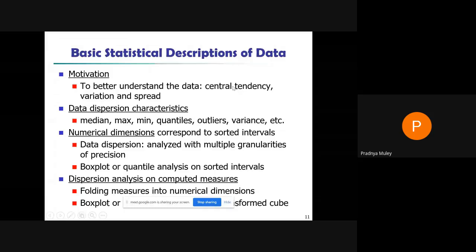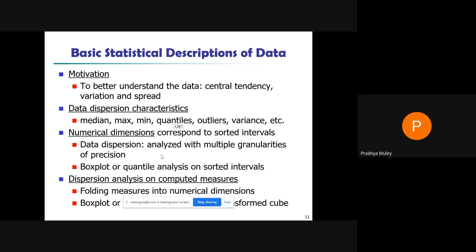Central tendency is measured by mean, median, and mode of the data. Variation can be measured by variation analysis, and spread can be measured by various techniques. Data dispersion can be measured by median, max, mean, quantiles, outliers, etc.